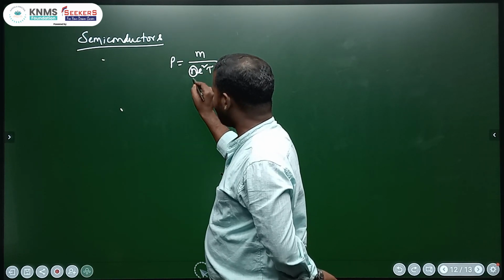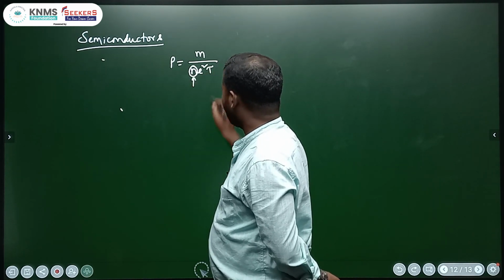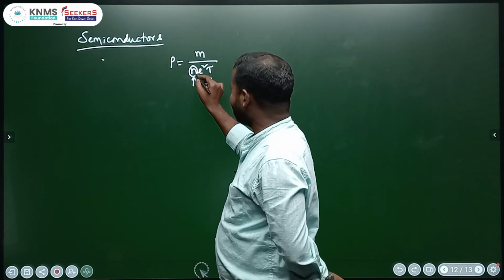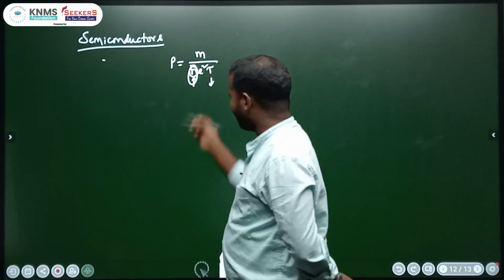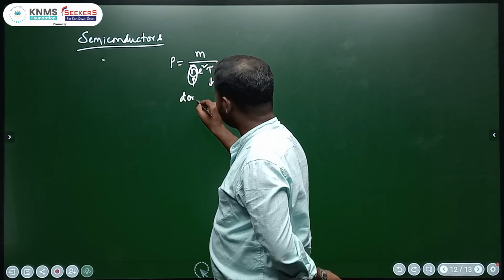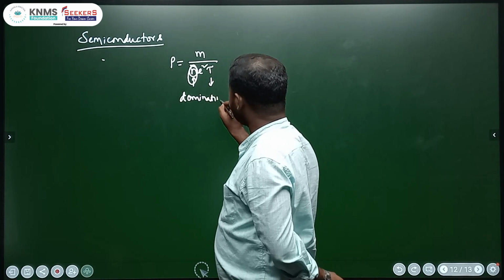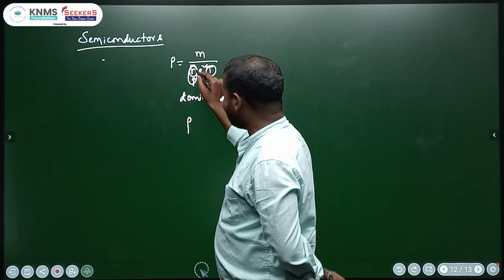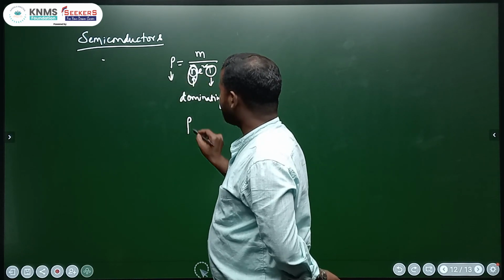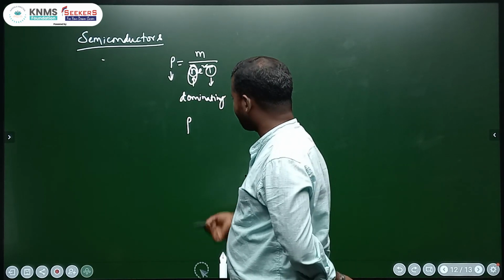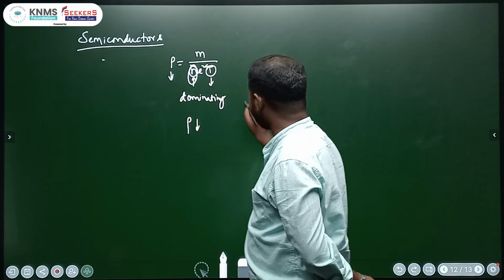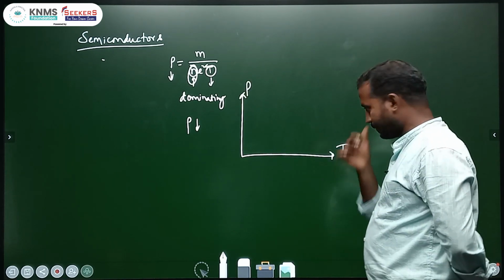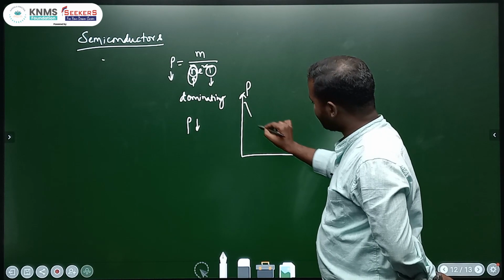Because of ionization, n will increase and tau will anyway decrease, but the increase in n is very large, the dominating factor compared to the tau effect. So when n increases, rho will decrease. In semiconductors, resistivity decreases as a function of temperature, like this.